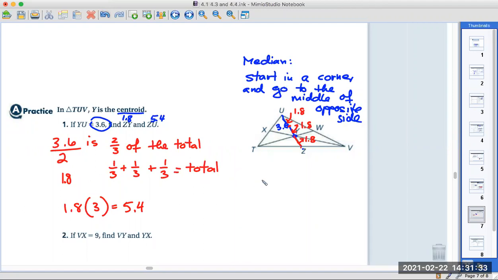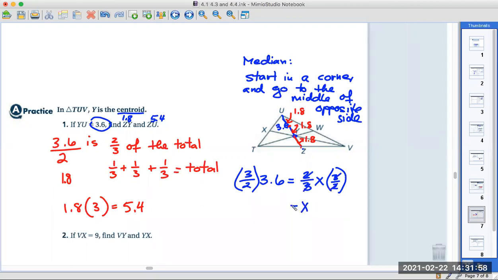So how about this? 3.6 is 2/3 of the total, which is X, because I don't know it, right? So I can solve for X, multiply both sides by the reciprocal. This is another approach. The reciprocals cancel out.